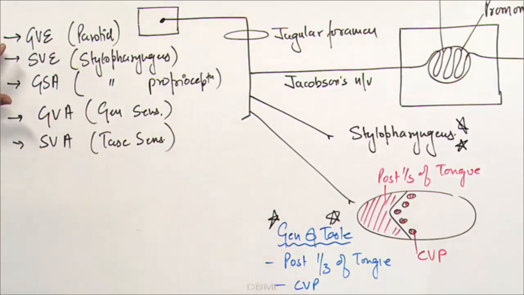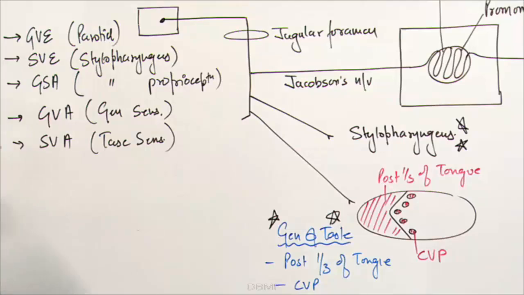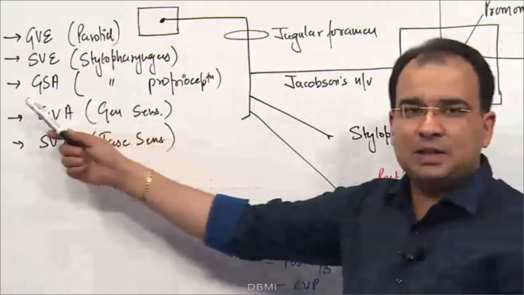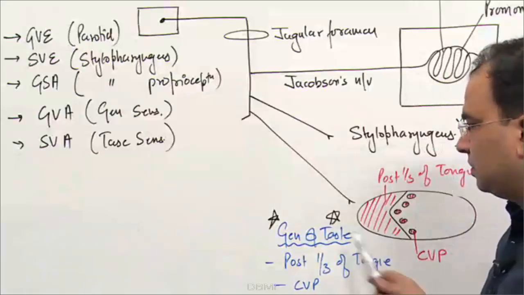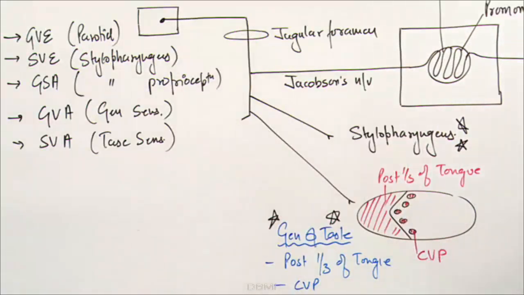So we have 5 columns for the glossopharyngeal nerve. GVE because it supplies the parotid gland, general visceral efferent. SVE because it supplies the stylopharyngeus muscle, and it also carries proprioception from it, so GSA as well. GVA, general sensation, and taste sensation from all these, so GVA and SVA. So we have 5 columns.